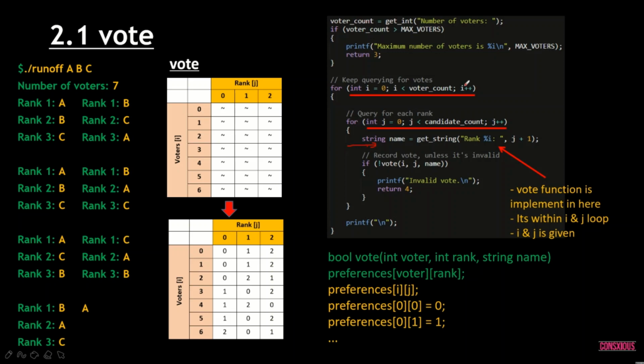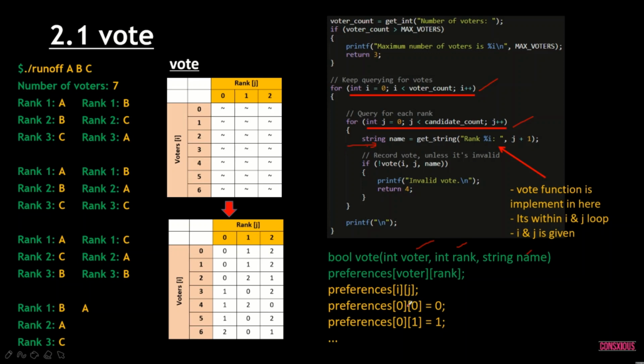It means that we have the values of i and j. I and j are actually given, so no need to worry about them. The string name will be given, so the name the user keys in will be here. The vote function is implemented within the i and j loop.